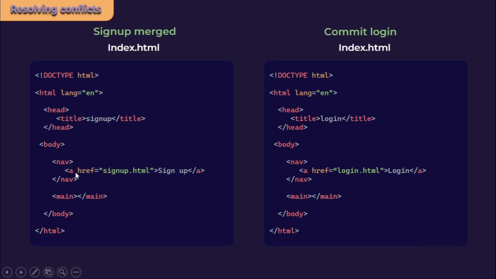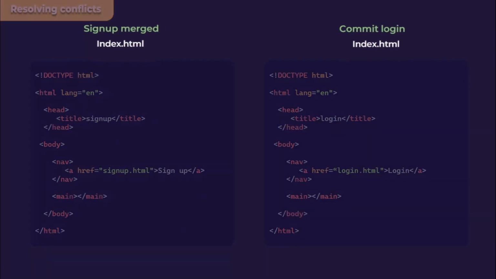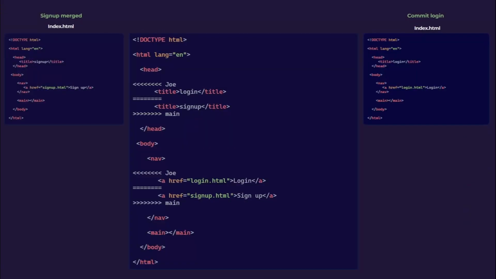The reason is that Git is confused on whether it should keep this new anchor element, because it sees that initially it was signup.html, which is what Sam brought in, but Joe is bringing in a different anchor element. Git does not know whether it should replace Sam's anchor element with Joe's anchor element, or add this new anchor element to the nav bar. So Git is going to show you an interface that looks something like this.